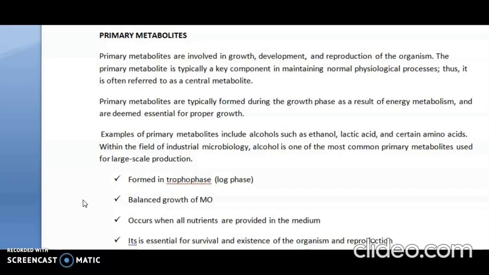Examples of primary metabolites include alcohols such as ethanol, lactic acid, and certain amino acids. They are formed when all the nutrients are provided in the medium, and they are essential for survival and existence of the organism and its reproduction.